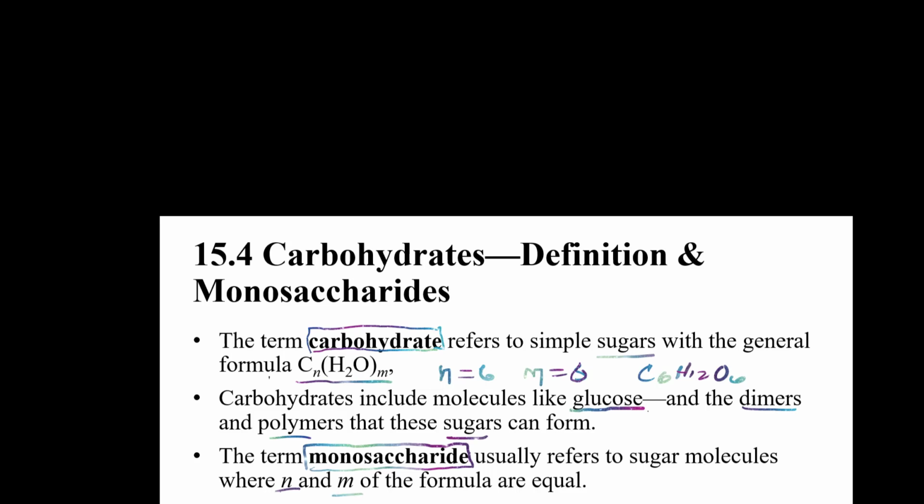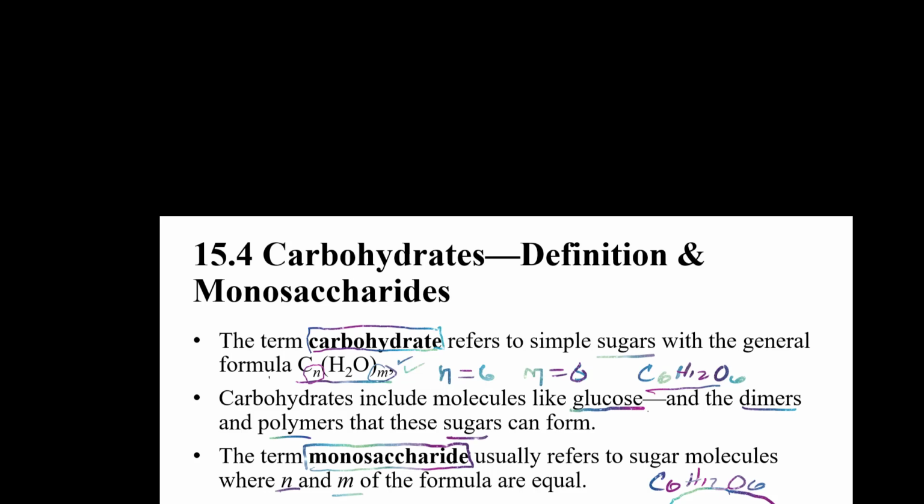So if we look at this equation up here, if N and M are equal, we would get this sugar. So that's a monosaccharide. To simplify this equation, we could write this equation instead, which is what we normally write. So again, if this is a 6 here, we're going to get C6H12O6.